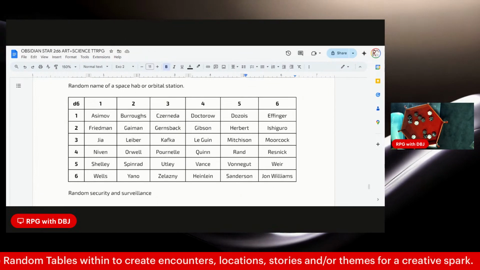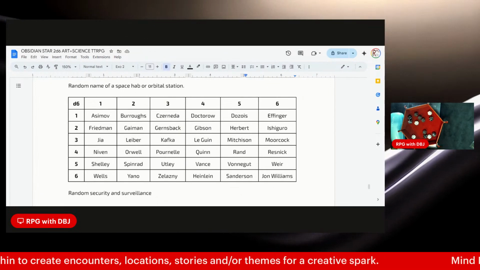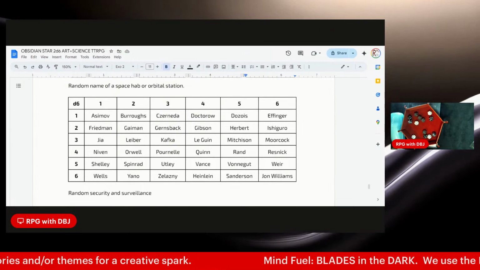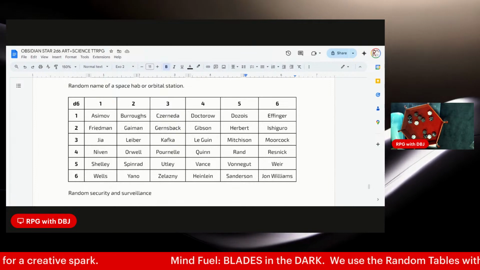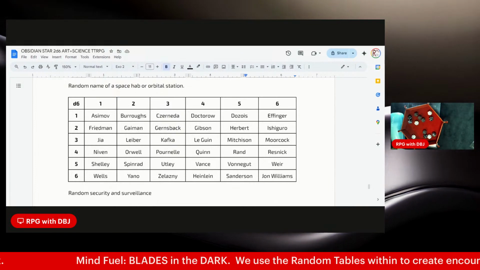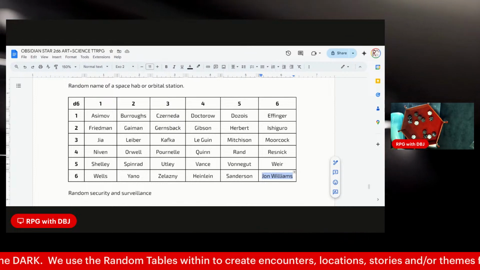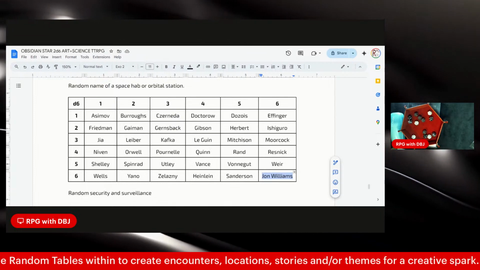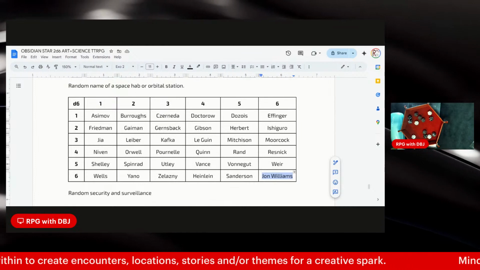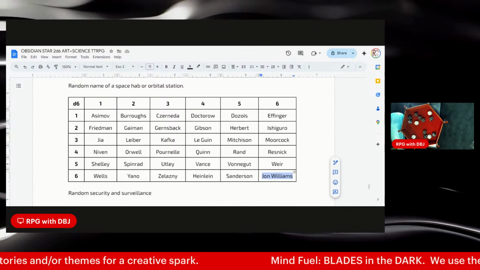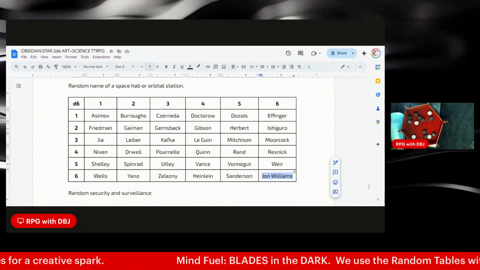Here's my last one. These are some names of space habs or orbital stations, and these are all names of science fiction and fantasy authors. So I thought that would be kind of fun. Let's go to the John Williams Station, or the Burroughs, or the Asimov, or the Niven, the Orwell, the Pournelle, the Zelazny, the Heinlein, Spinrad. Yeah, I think Doctorow, the Effinger.